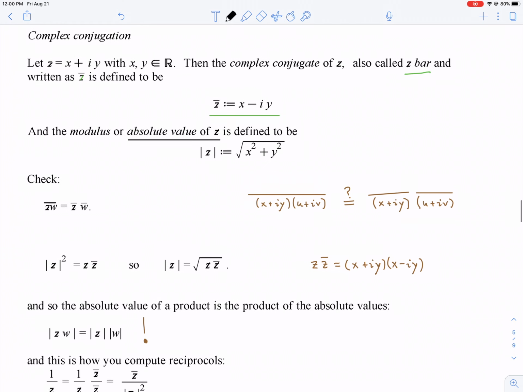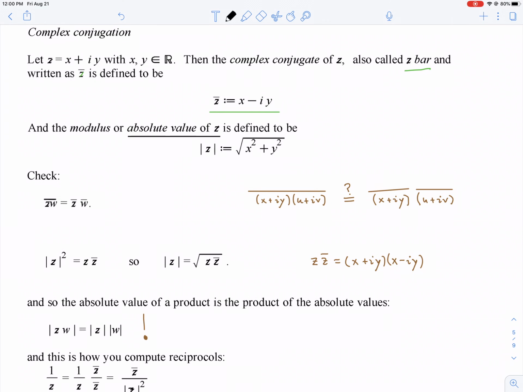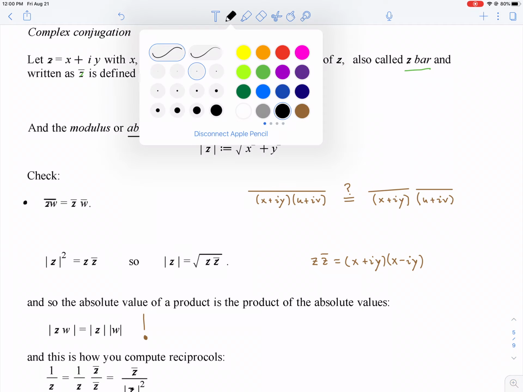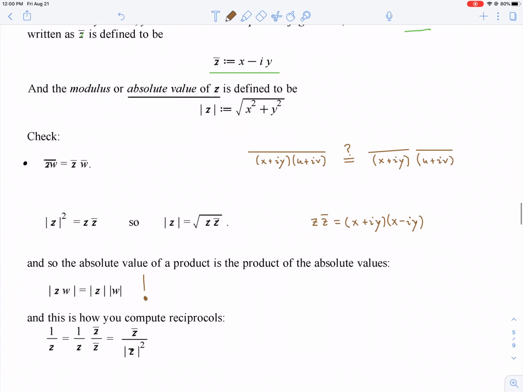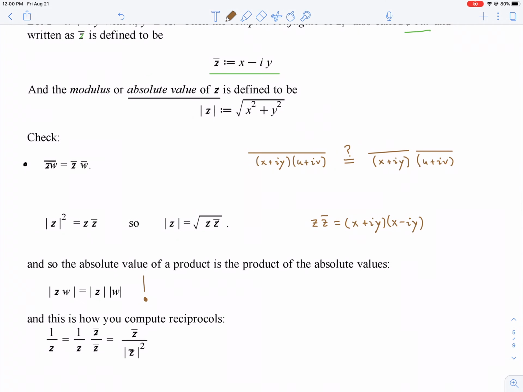Okay, so conjugation has some algebra properties. If you take zw and then take the conjugate, that's the same as the product of z bar with w bar. So let's just quickly check this one. It's completely straightforward. I wrote in brown here what we're trying to check.